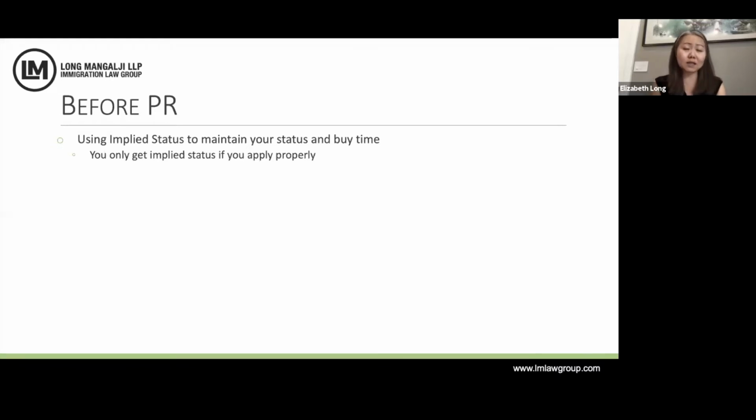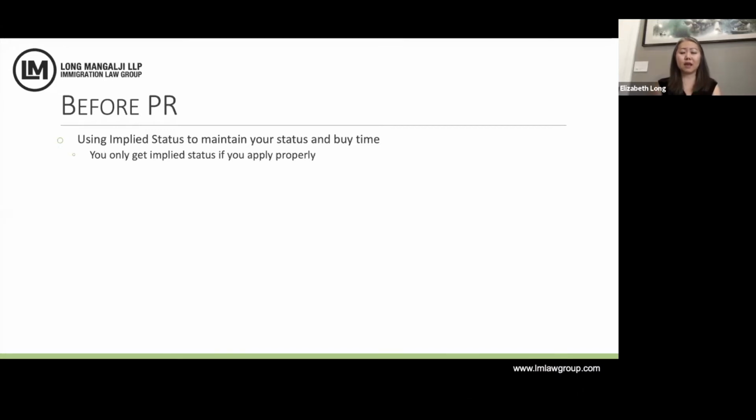The website says 30 days. That's a recommendation. That's not the law. The law is as long as you have filed it before it ends, even on the day of, you can stay in Canada on your status until a decision is made. That's called implied status, okay?